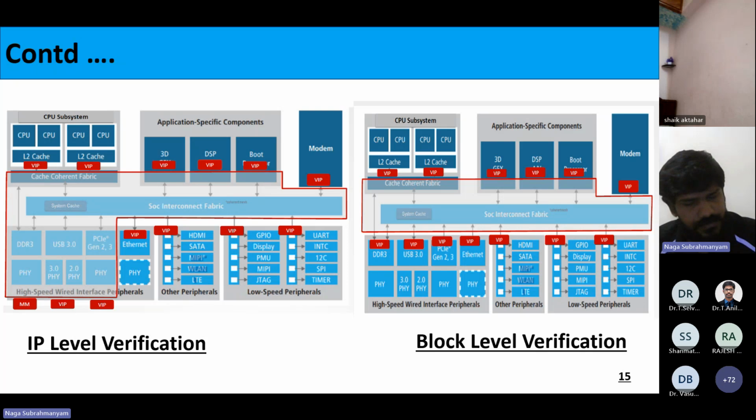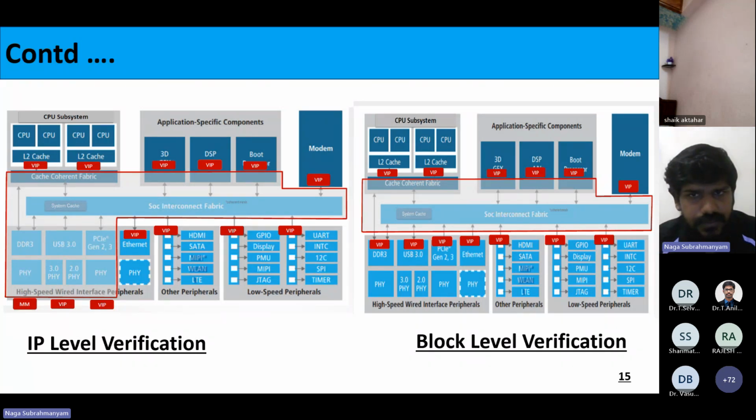Previously, one particular kind of NOC would be there, and according to that NOC they would connect their IPs and design the SoC. Now they are interested in designing their own NOC, not depending on the existing NOC.